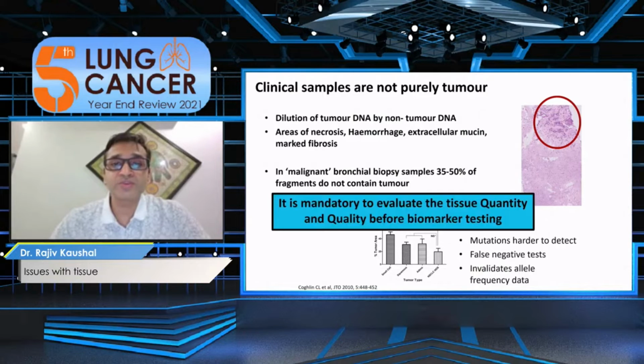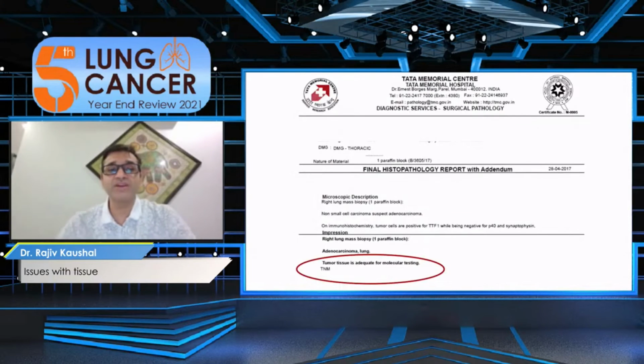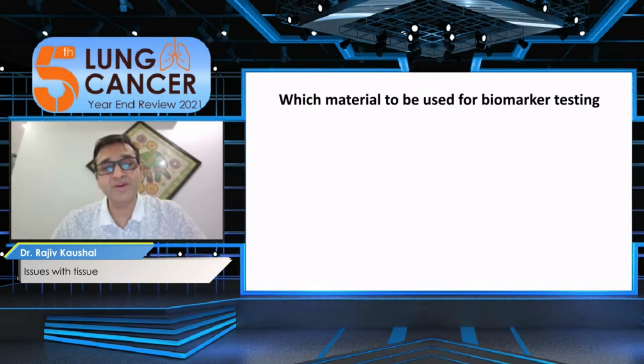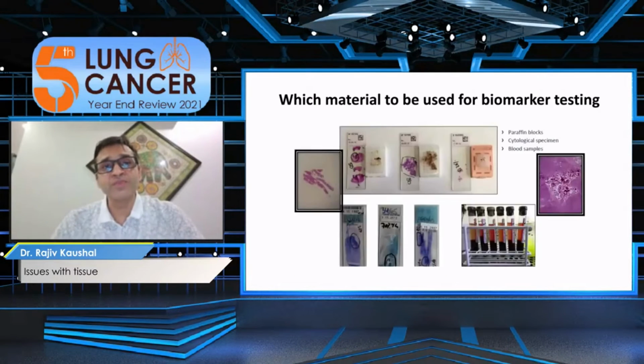Around 30 to 50% of it might be fibrosis, necrosis, or the tumor might be completely necrotic. So we have to evaluate the tissue both in terms of its quantity as well as its quality. Even at the end of our report, we put this impression, and now we have started putting the exact percentage of tumor content in our report, so that both the clinician as well as the person sitting in the molecular lab are aware that the tissue is adequate.